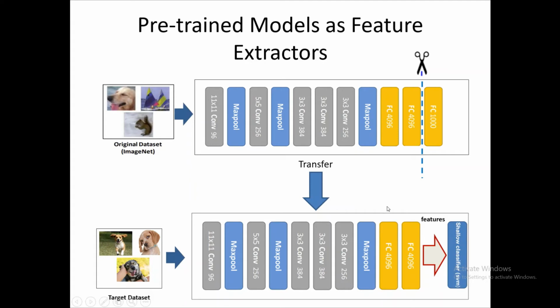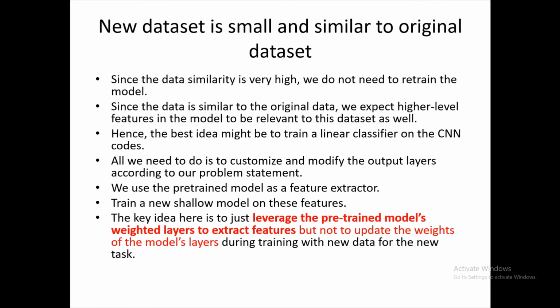The key idea here is that we just leverage the pre-trained model's weighted layers to extract the features, but not to update the weights of the model's layers. We don't update them, we just keep those pre-trained weighted layers fixed and use them for feature extraction during the training on the new data for the new task.